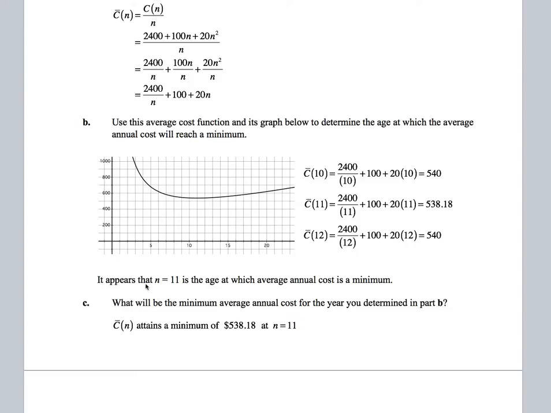And so it appears that n equals 11 is the age at which average cost is a minimum. And if that is the case, then average cost is a minimum at $538.18 at an age of 11 years.